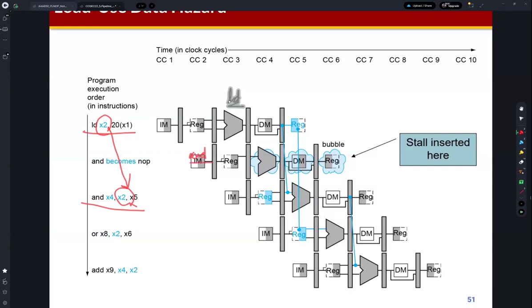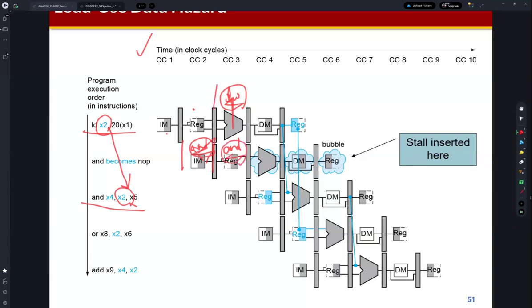Okay, let's start from CC1. The load instruction is fetched at CC1, clock cycle number 1, and then at CC2, the load instruction is in the ID stage. And the add instruction is also fetched, right? The fetch is always performed. Then when the load instruction is in the EX stage, the add instruction is in the ID stage.